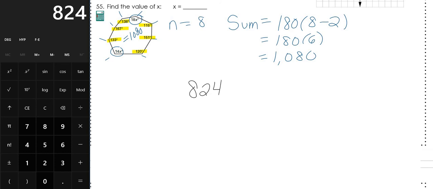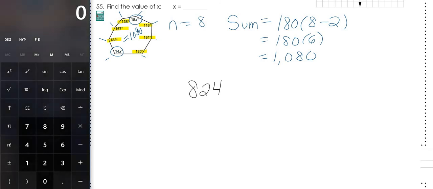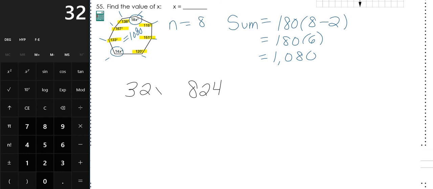So now we're going to add together all the x's. I notice there's only 18x and 14x. So 18x plus 14x is 32x. So I'm going to do 32x plus 824 should give me 1080.